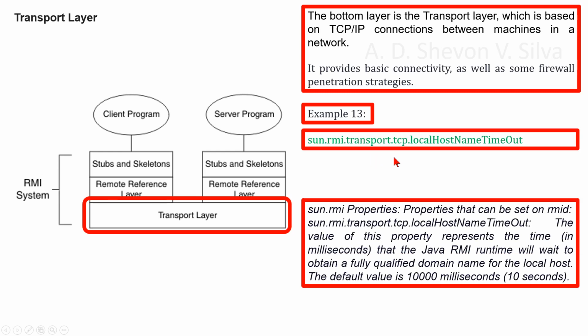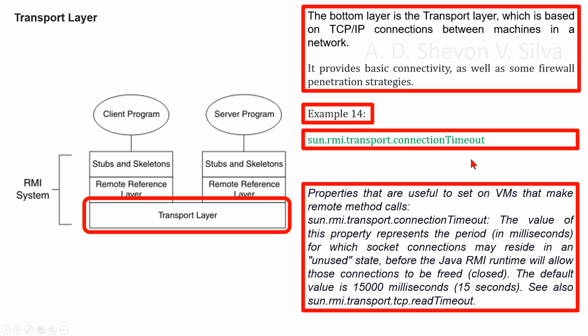Now we are considering properties that can be set on RMID in sun.rmi properties. sun.rmi.transport.tcp.localHostnameTimeout. The value of this property represents the time in milliseconds that the Java RMI runtime will wait to obtain a fully qualified domain name for the local host. The default value is 10,000 milliseconds, 10 seconds.